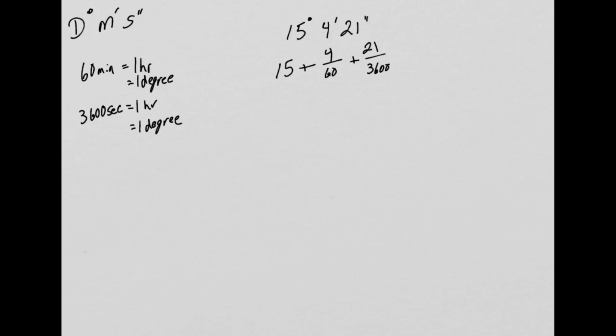So 15 degrees, 4 minutes, 21 seconds. Now there's 60 minutes in 1 degree and 3,600 seconds in 1 degree. That's why we put it 21 over 3,600, because this is my seconds, and 4 over 60.